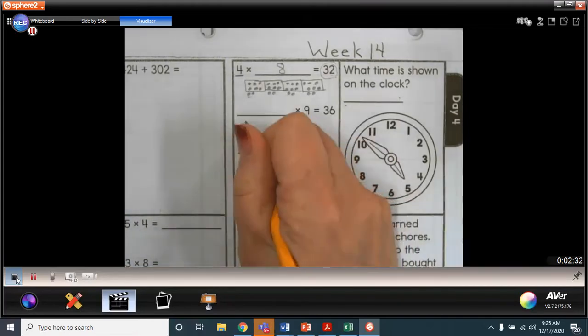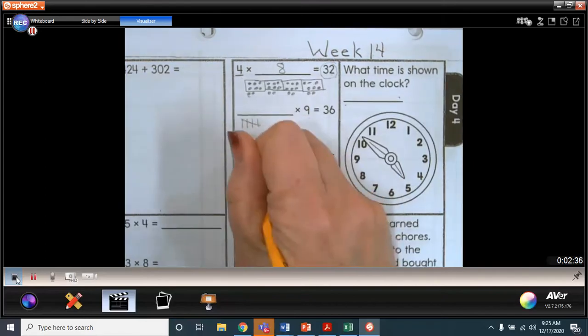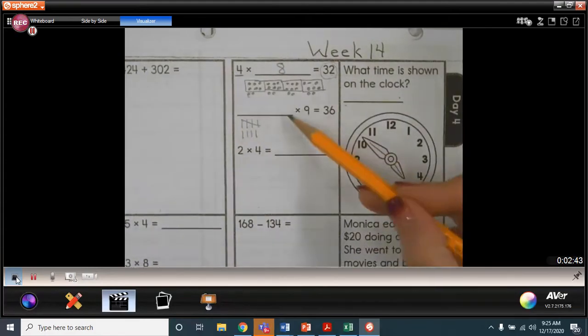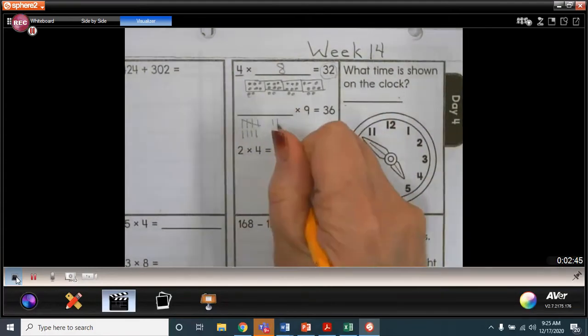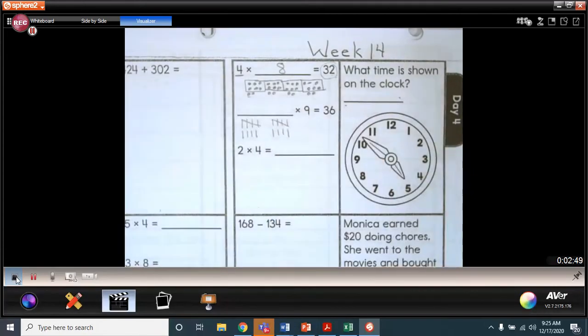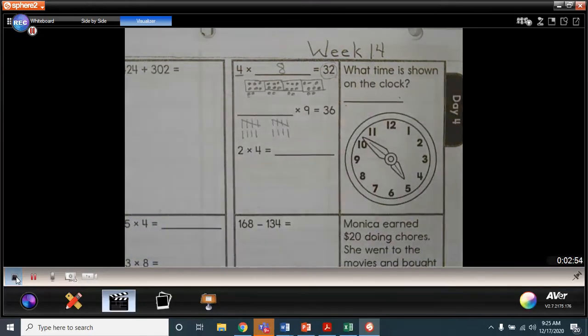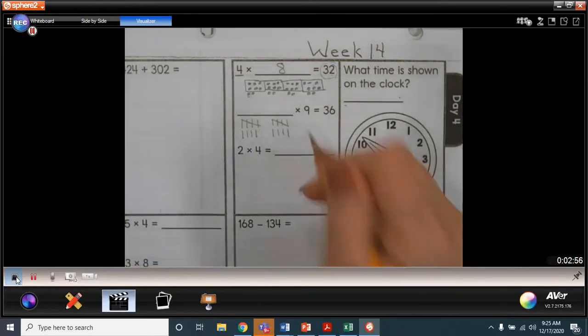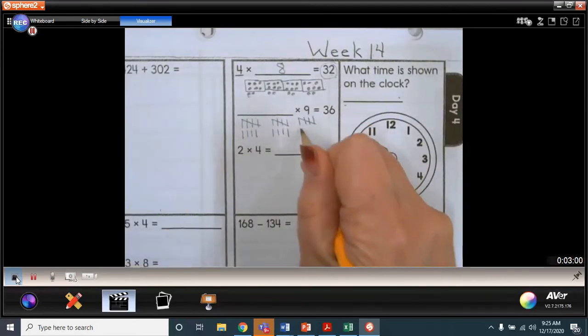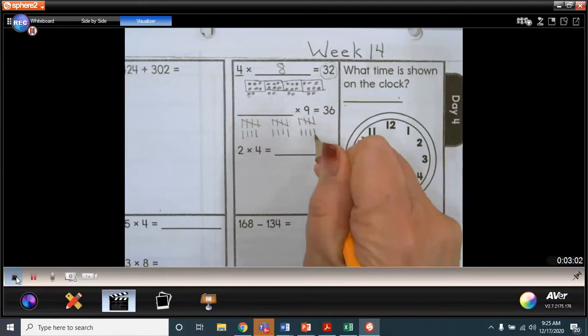So let's do that. I'm going to count 1, 2, 3, 4, 5, 6, 7, 8, 9. That's a group of 9. So now I have one group of 9. 10, 11, 12, 13, 14, 15, 16, 17, 18. Notice I'm hearing multiples of 9 here every time I add another group of 9. So that's 18. 19, 20, 21, 22, 23, 24, 25, 26, 27.